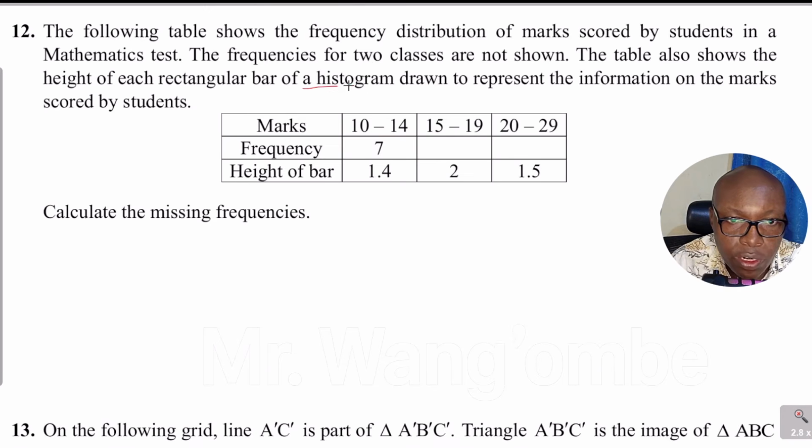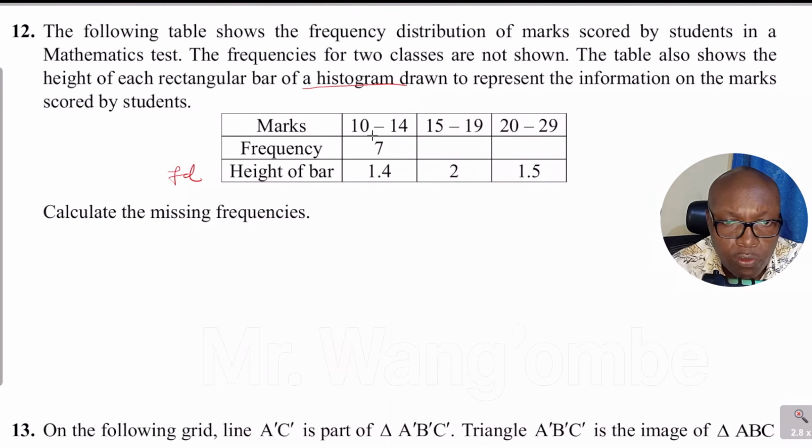So in a histogram, you know that the height of the bar represents the frequency density. The height of the bar is given by the frequency density. So definitely the height of the bar for this row is actually the frequency density that has been calculated in order to fill this particular row here.